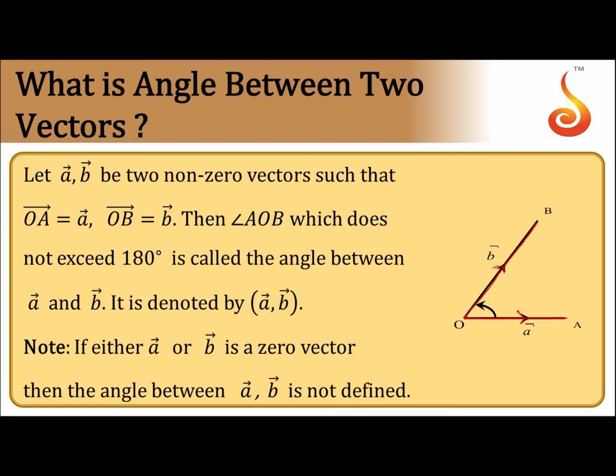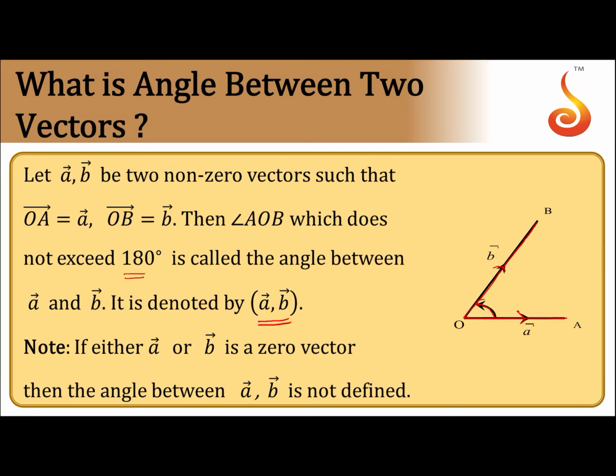OA bar and OB bar are any two vectors. Then the angle AOB, geometrically, which does not exceed 180 degrees, is called the angle between A comma B. The angle measured like this between OA and OB, not exceeding 180 degrees, is defined to be the angle between A comma B, and that is denoted by A bar comma B bar.